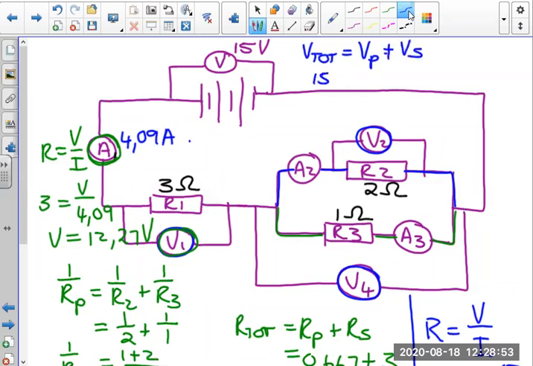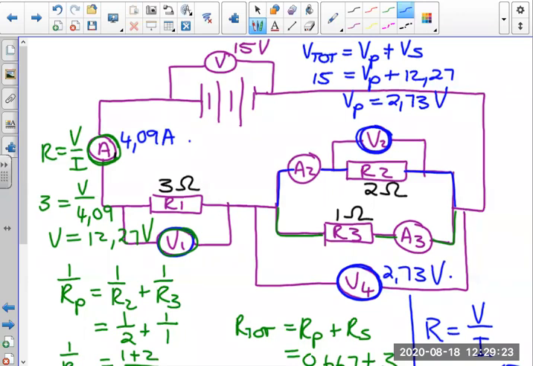Total is 15, and in series the voltage is 12.27. So the voltage in parallel is going to be 15 minus 12.27, which gives us 2.73 volts. So V2 and V4 are both 2.73 volts.